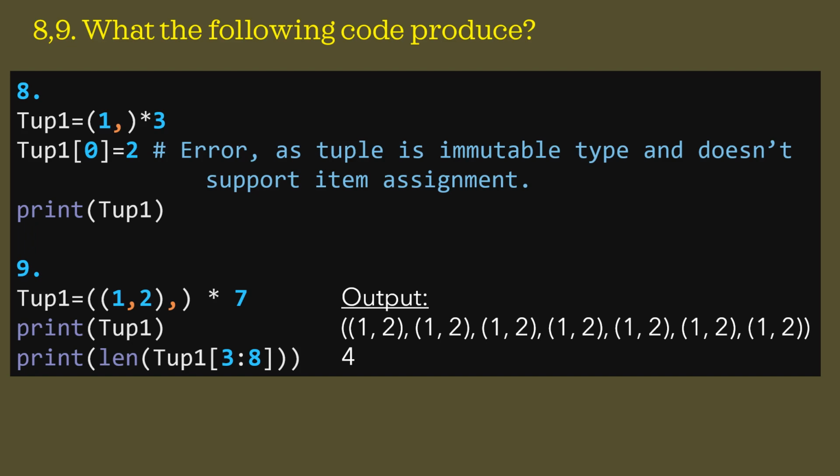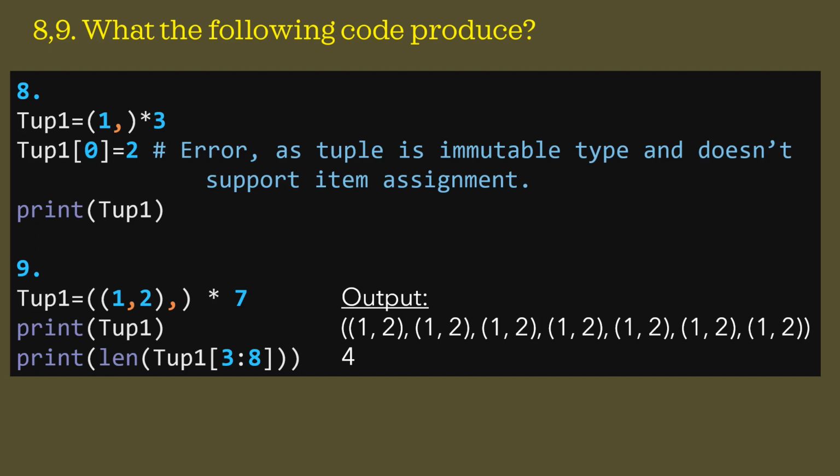Here you are assigning the value 2 at index 0. This is not possible because a tuple is an immutable type of data, so you cannot do item assignment in a tuple. If you keep this line in comment and print tup1, it will display the tuple having 3 elements, each element being 1.